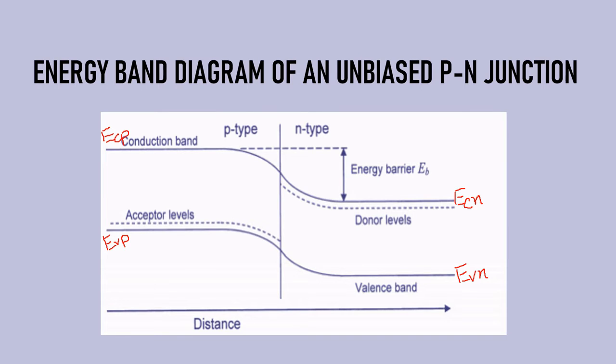When a PN junction is produced under equilibrium condition, the Fermi level energy EF attains a constant value throughout the system. It looks like this. This is the EF, the Fermi level energy.